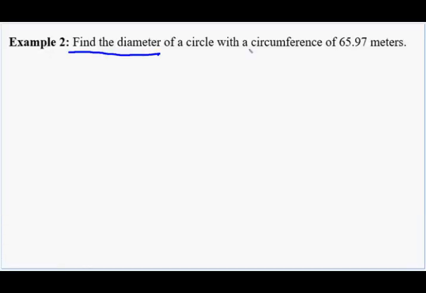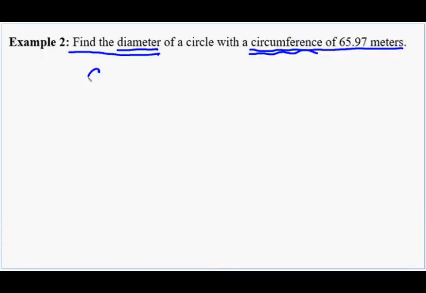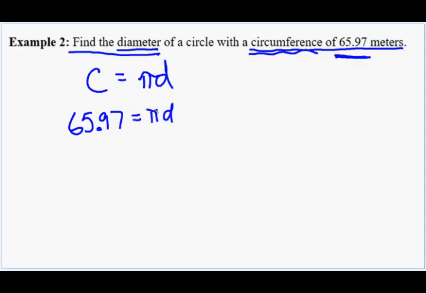Now here it says find the diameter of a circle with this circumference. So if they're asking for the diameter and we have the circumference, let's use circumference equals pi times d. So now the circumference is 65.97. That is equal to pi times the diameter. How do we get the letter d alone?